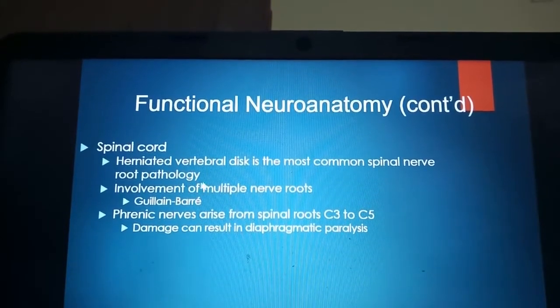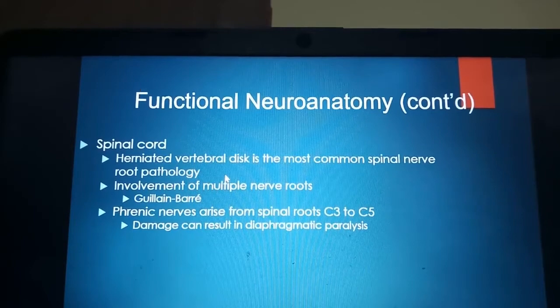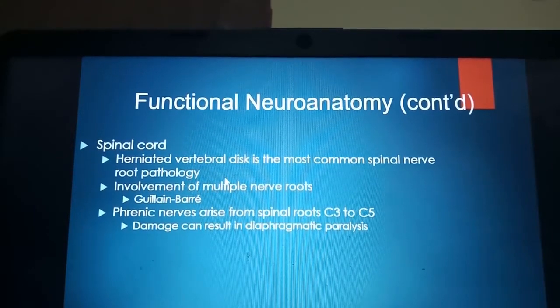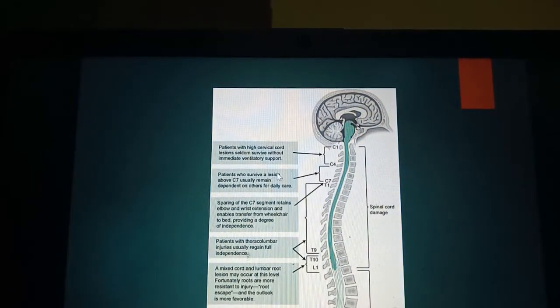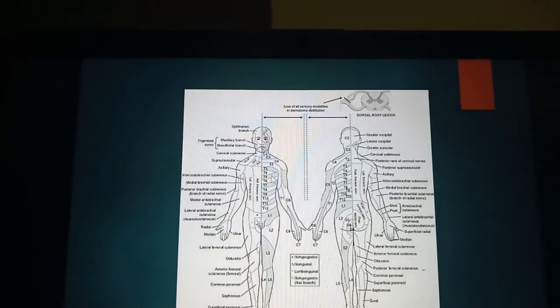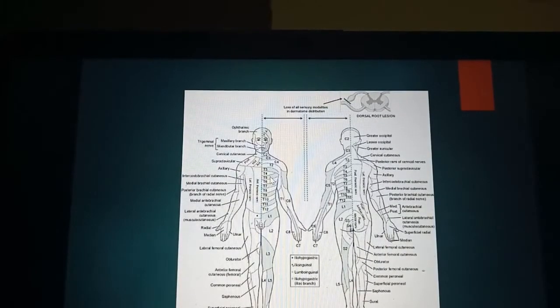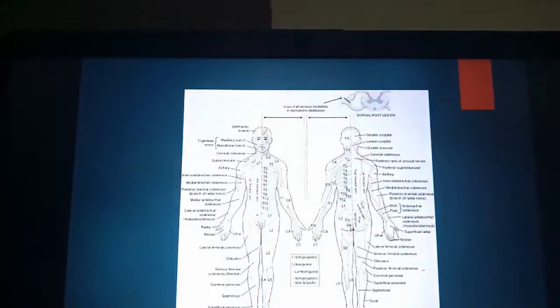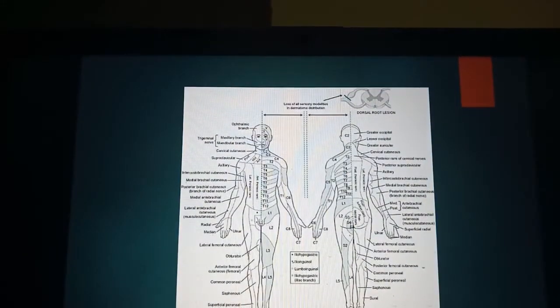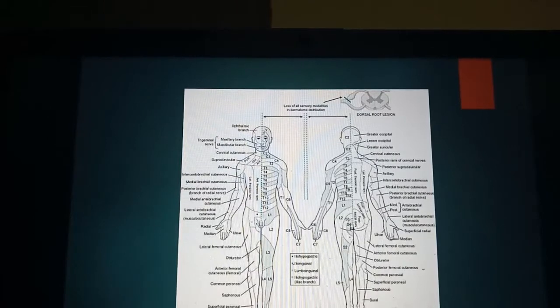Okay, so I'll just leave some slides because some are a little too much. I mean, it can confuse. So all this is actually, if you are interested, you can go through it, which is not really needed.